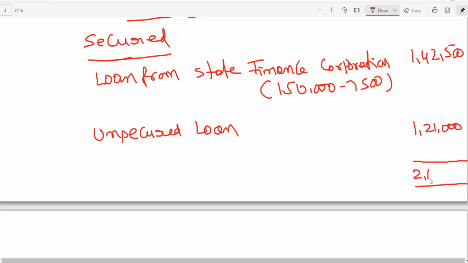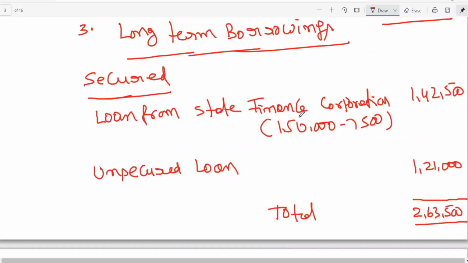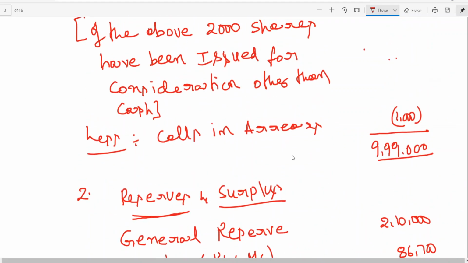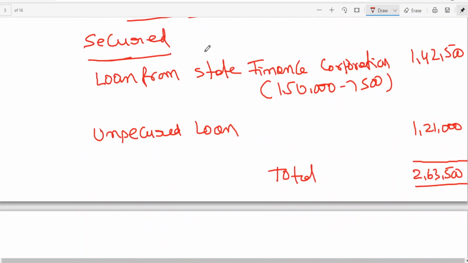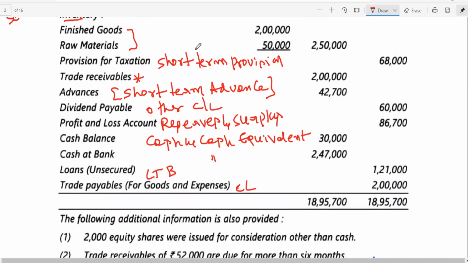Then 2,63,500. This is total. For everything we can write total here. Total.